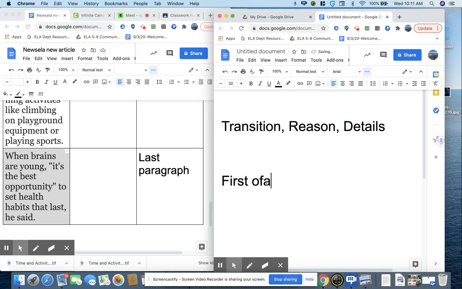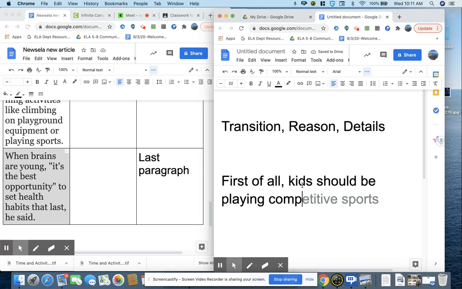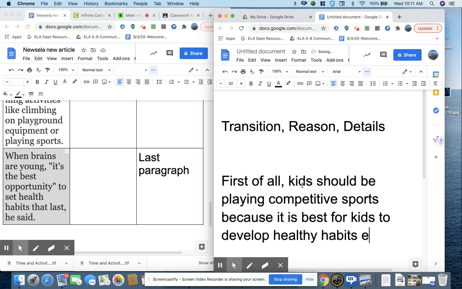First of all, kids should be playing competitive sports because it is best for kids to develop healthy habits when they are younger.